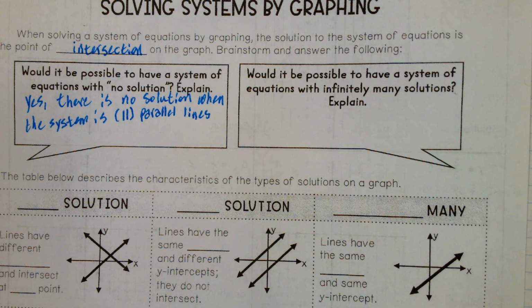Think of lines. We can even look here. Obviously, how many solutions is this? How many times is it touching? Once, and that's the only time they'll ever touch. That's one solution. How many solutions is this? What did we say? They're parallel lines. No solution.